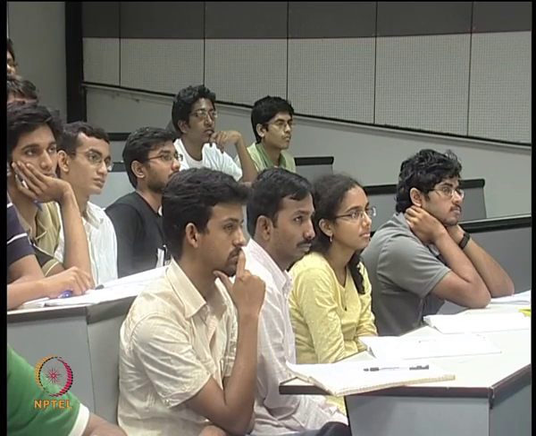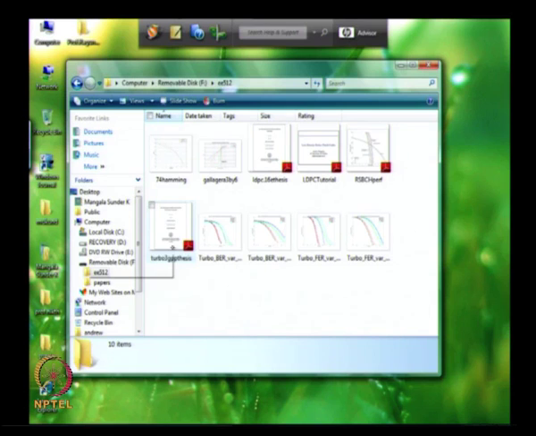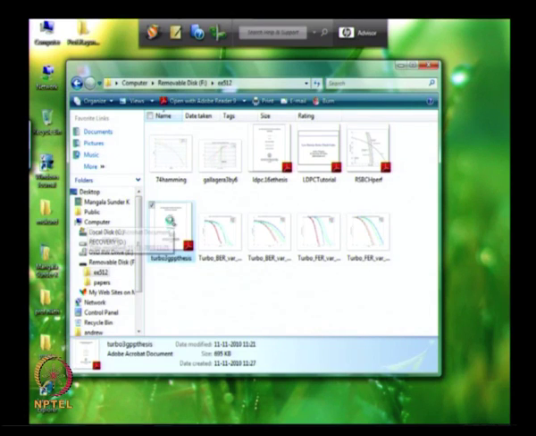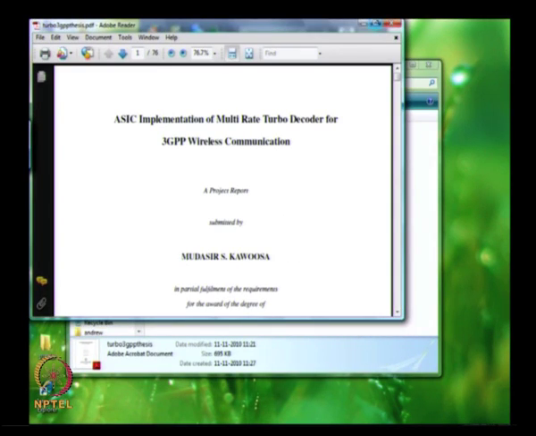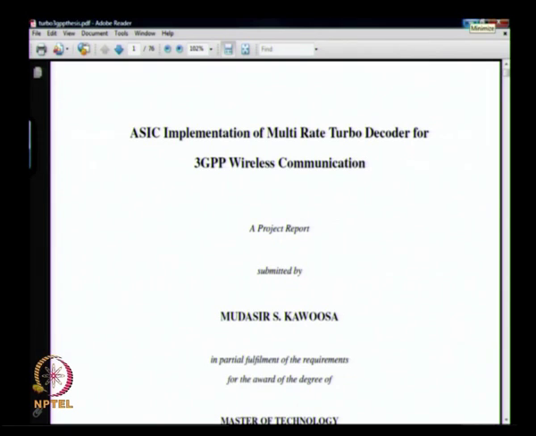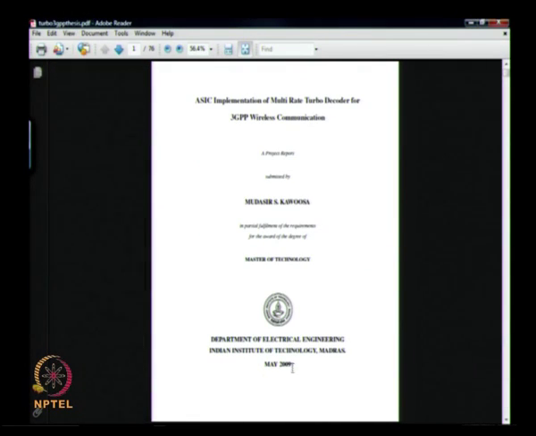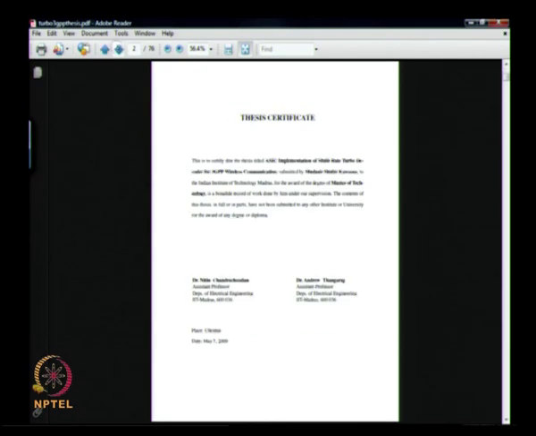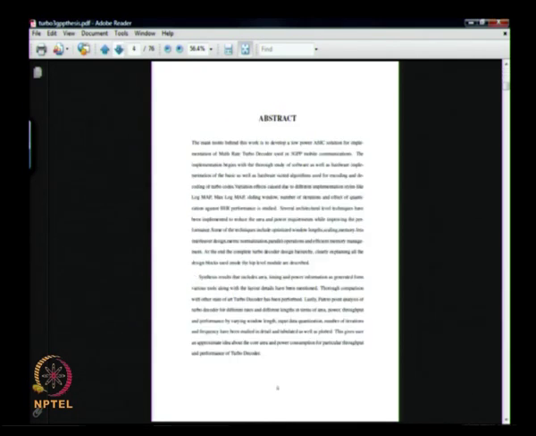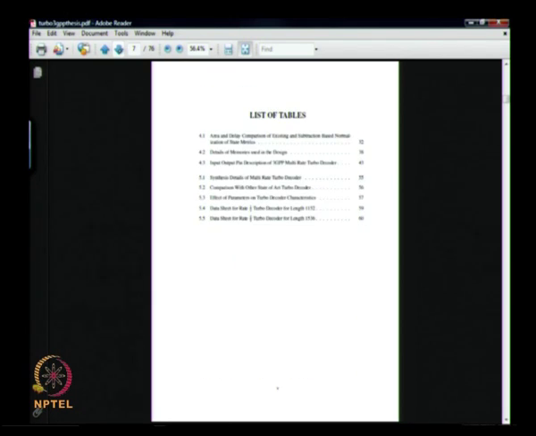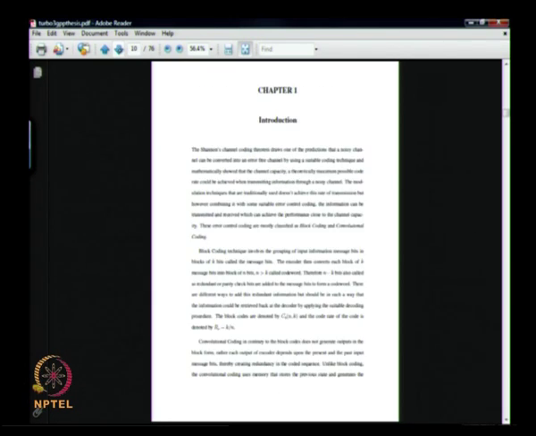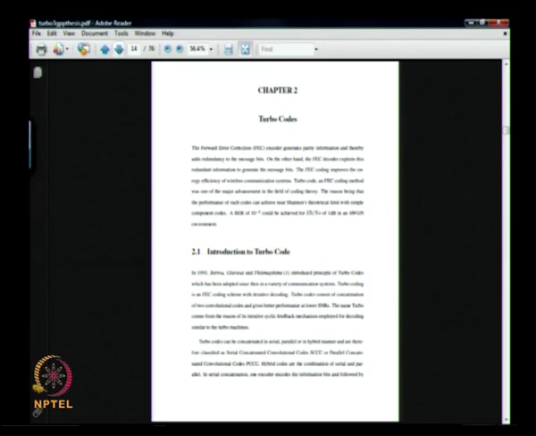So, what I am going to show, you see there is a turbo 3GPP thesis, that is from a student named Mudassir, 2009, so that must be last year. We are not going to look at this entire report, but let us go through the main part I want to show you.